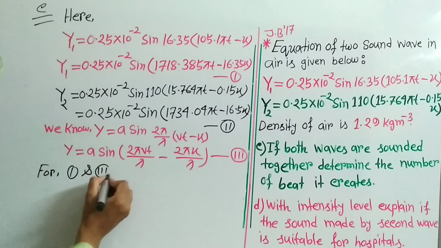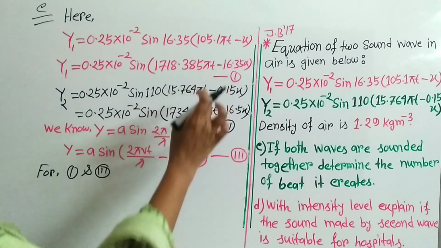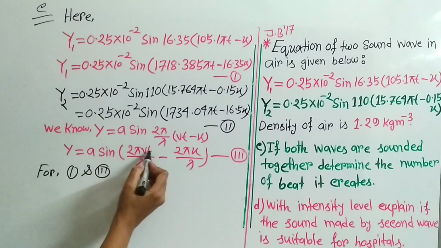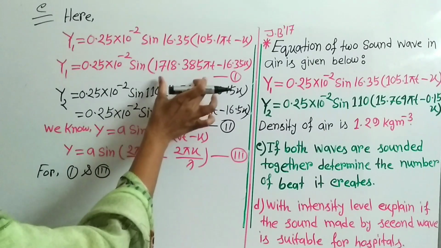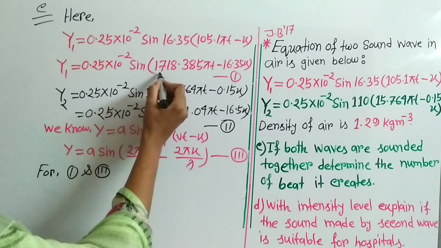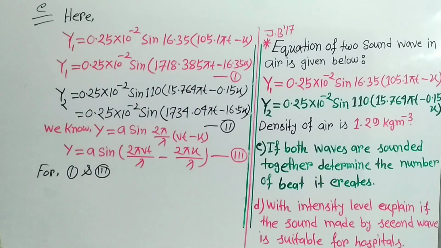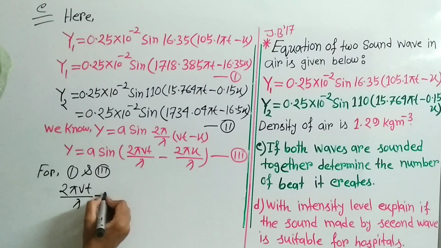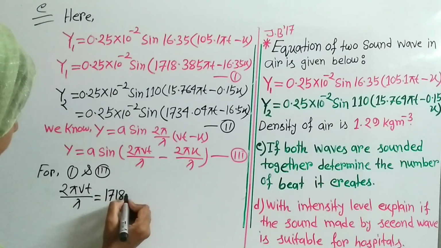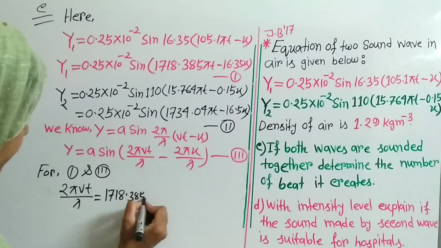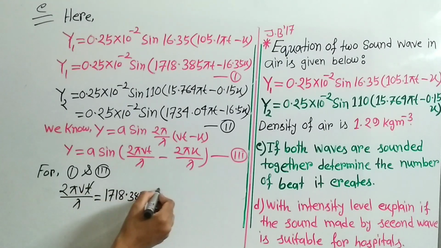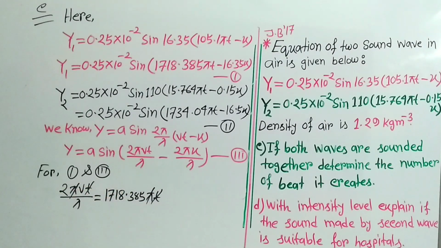Now for equation 1 and 3, you can see that 2 pi Vt by lambda is equal to 1718.385 pi t. Now t and pi cancel from both sides.